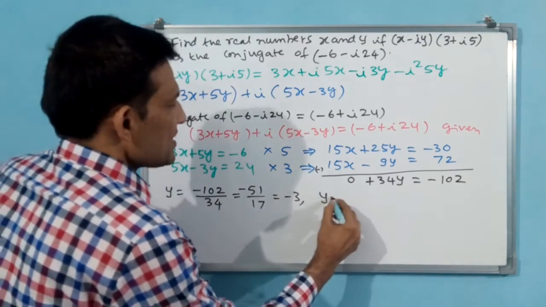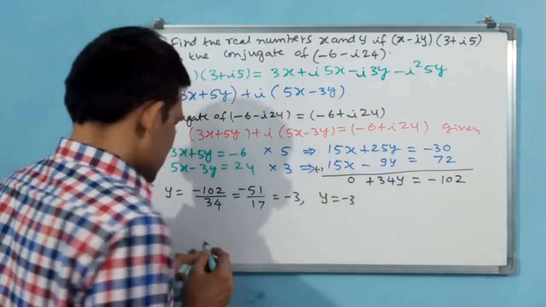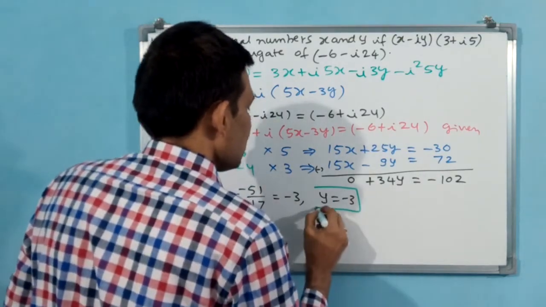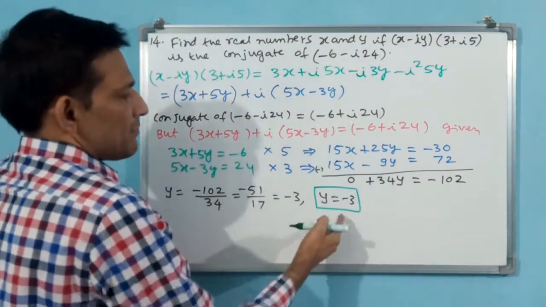That means y is equal to minus 3 you have got. You box it. y you have got minus 3.